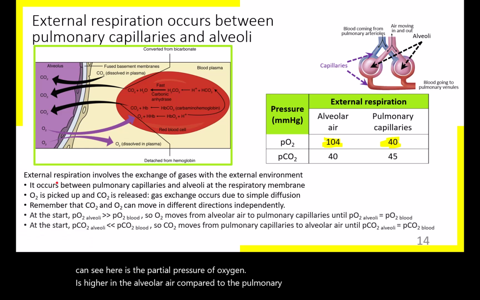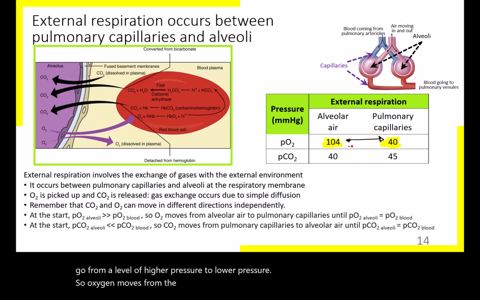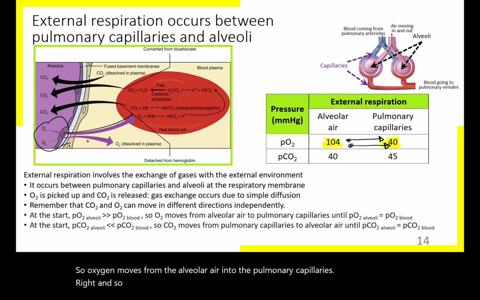And so oxygen will go from a level of higher pressure to lower pressure. So oxygen moves from the alveolar air into the pulmonary capillaries, right? And so you've got these two big purple arrows moving oxygen from the alveolar air into the pulmonary capillaries.